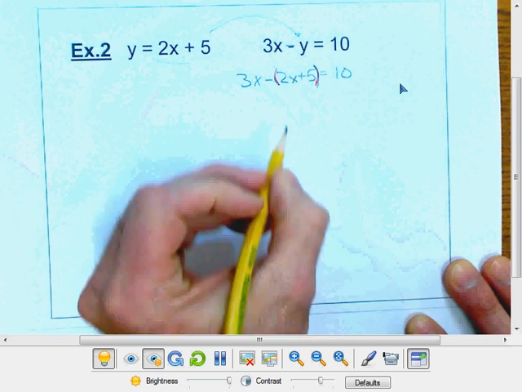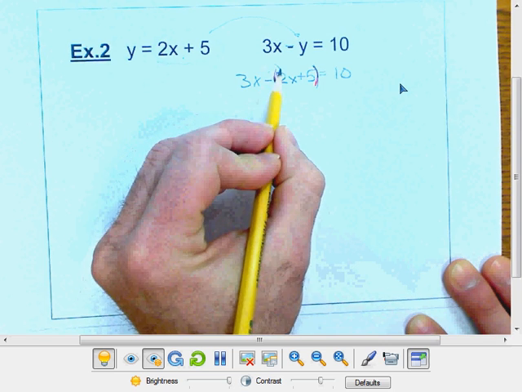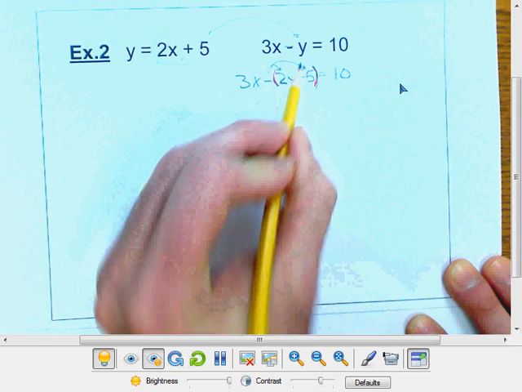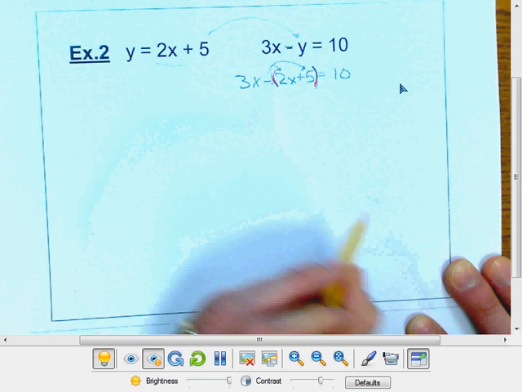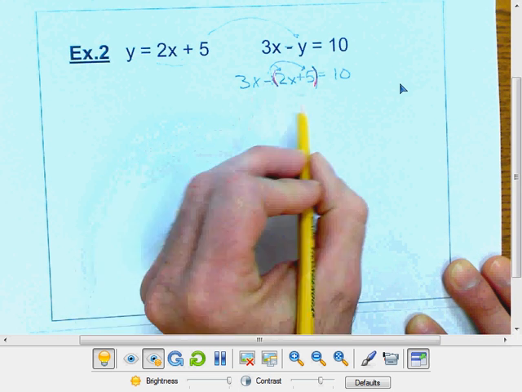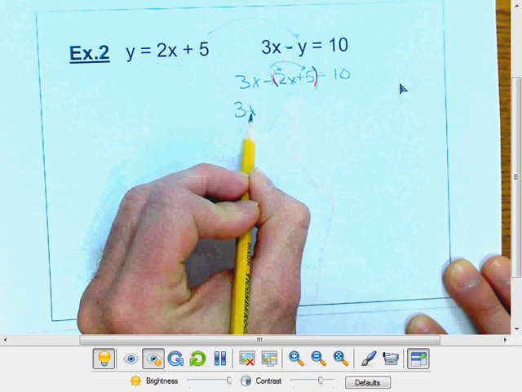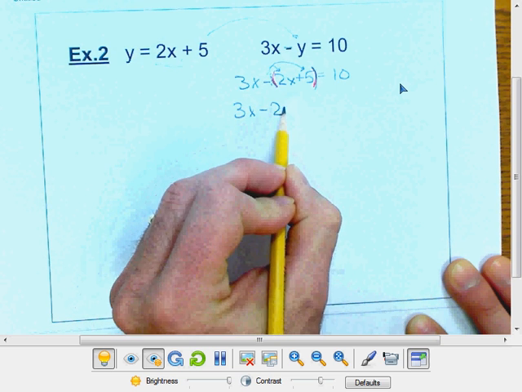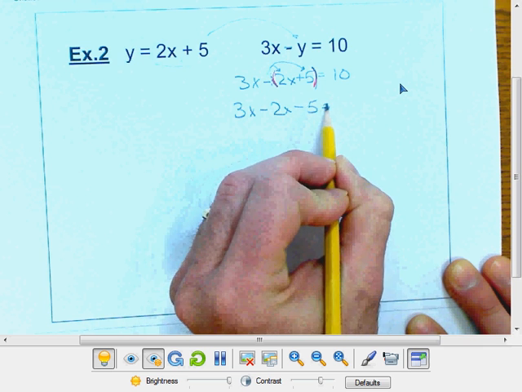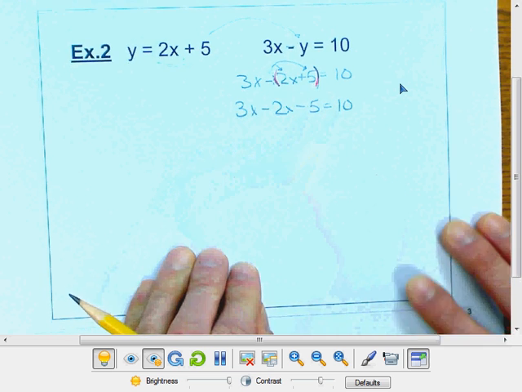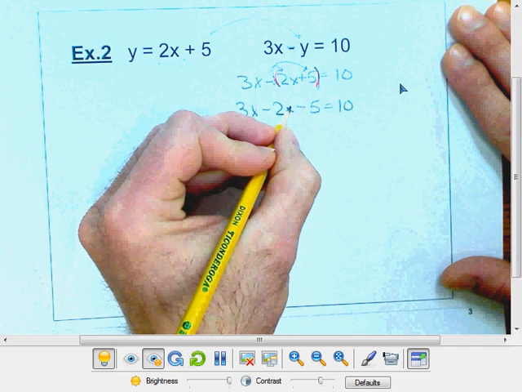Once those parentheses are there, there's actually a negative sign that's going to get distributed to these, or if you would like to think of it as distributing a negative 1 from out in front, you can write a 1 in here too if you want. But this is going to turn into 3x minus 2x, and it's no longer going to be plus 5, it's minus 5, equals 10. And then we're ready to go on and solve this right now.